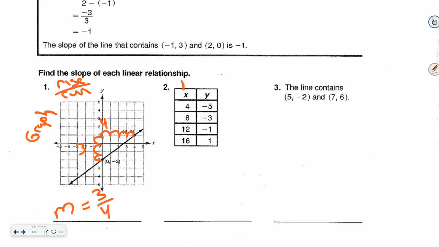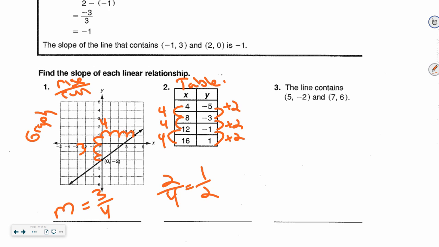For a table, I can just figure out what is the difference from this. These are my x's, and my x's are going up 4 each time. And my y's, you'll notice, are going up 2. So they match up perfectly. I do 2 over 4, which is 1/2.